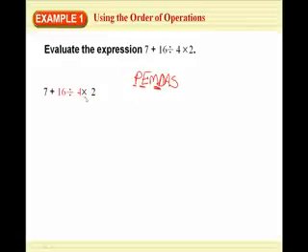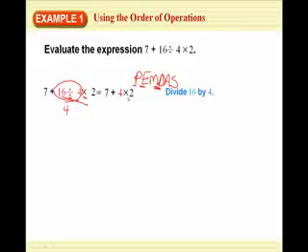We don't multiply right here before we divide because we have to do them in order. So that's why the 16 divided by 4 is in red. So we do that first, which is 4. So divide 16 by 4, and then we end up with 7 plus 4 times 2.